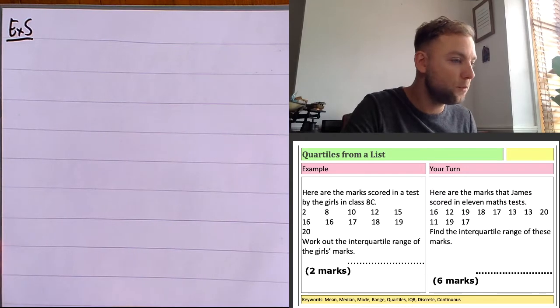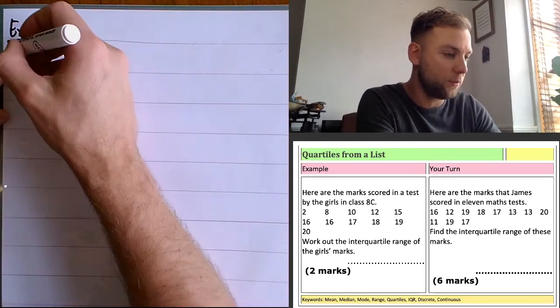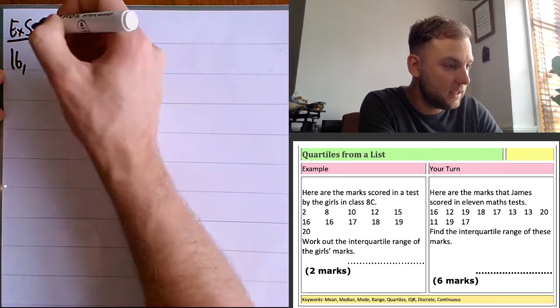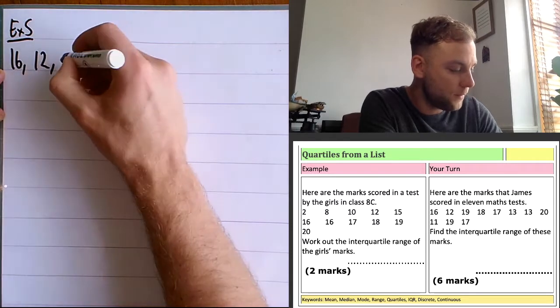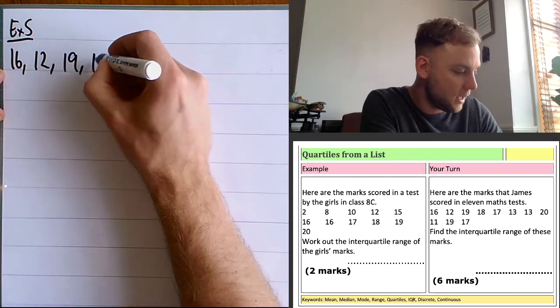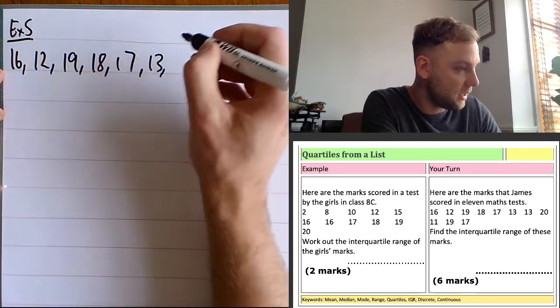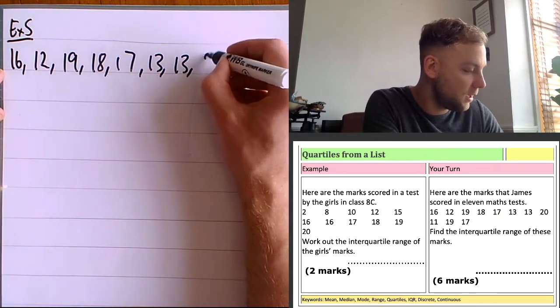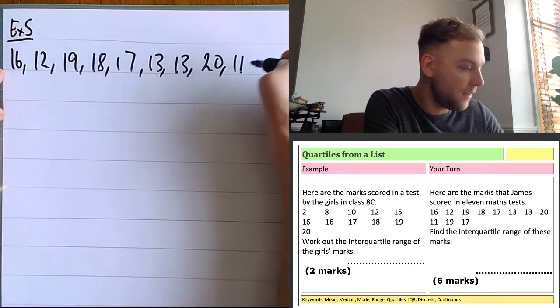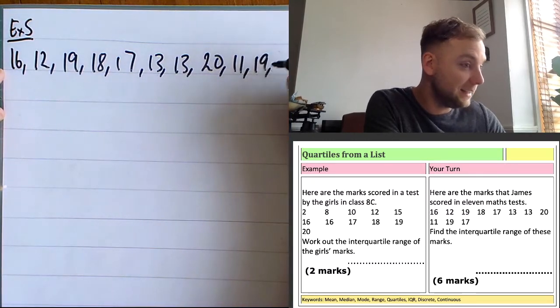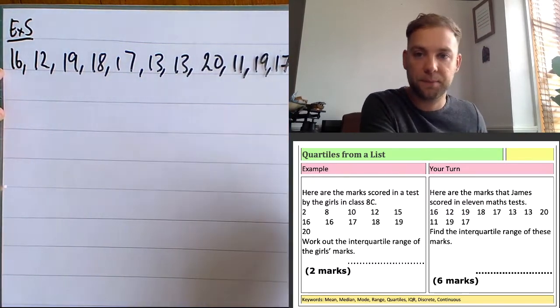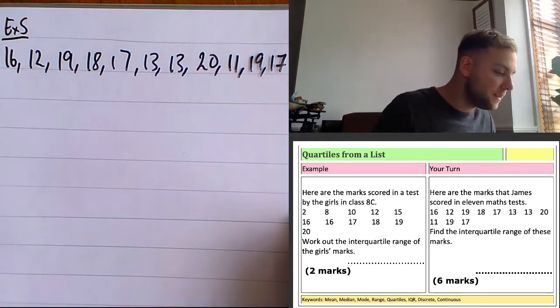Okay, so let's write them all out first just to make sure we've got them all. So we've got 16, 12, 19, 18, 17, 13, 13, 20, 11, 19, and 17. Lots of numbers there. Okay, so now we need to make sure that we're in order.